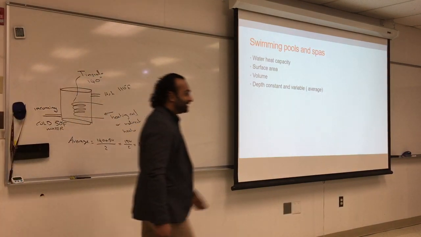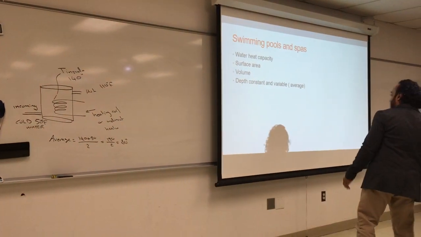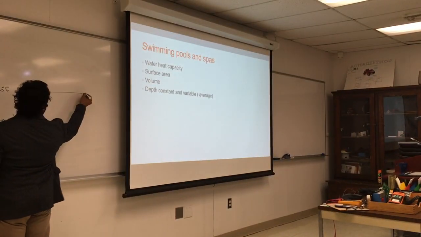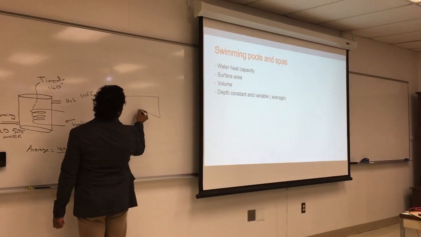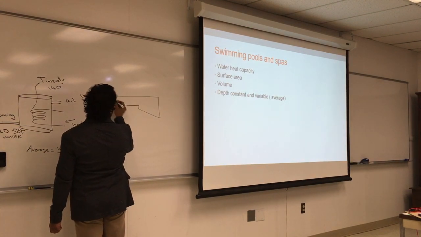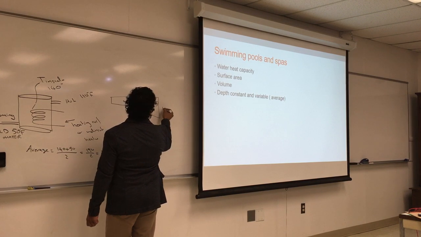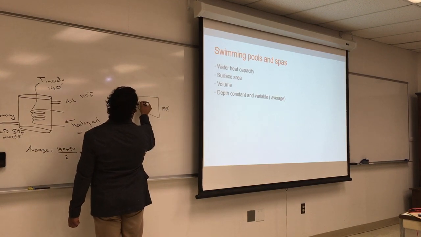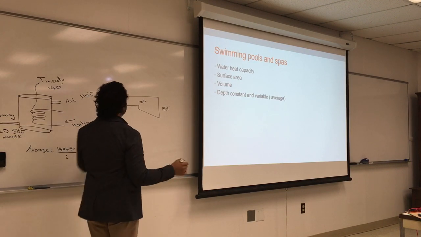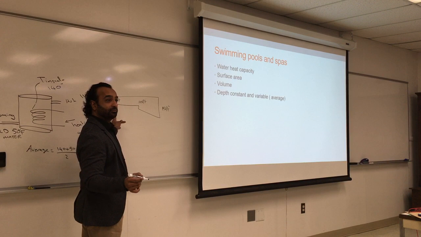So for example, I'll give you a small example about that. We go to this swimming pool, this deep end, then you have this one, and this one here. So this is, let's say, 15 feet. This is 10 feet, and this is 6 feet. So I want to find the average depth.